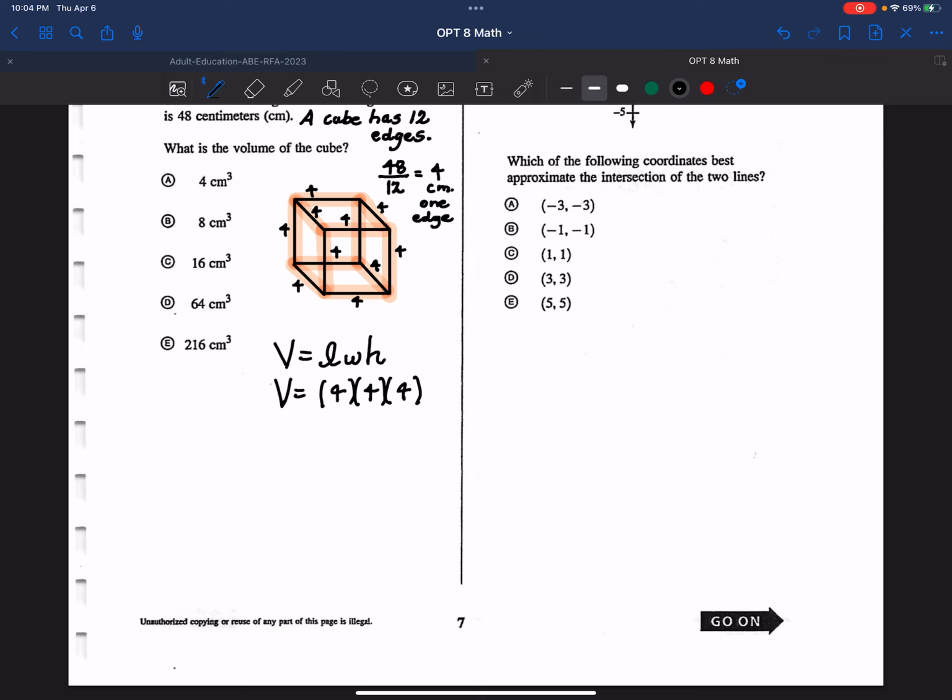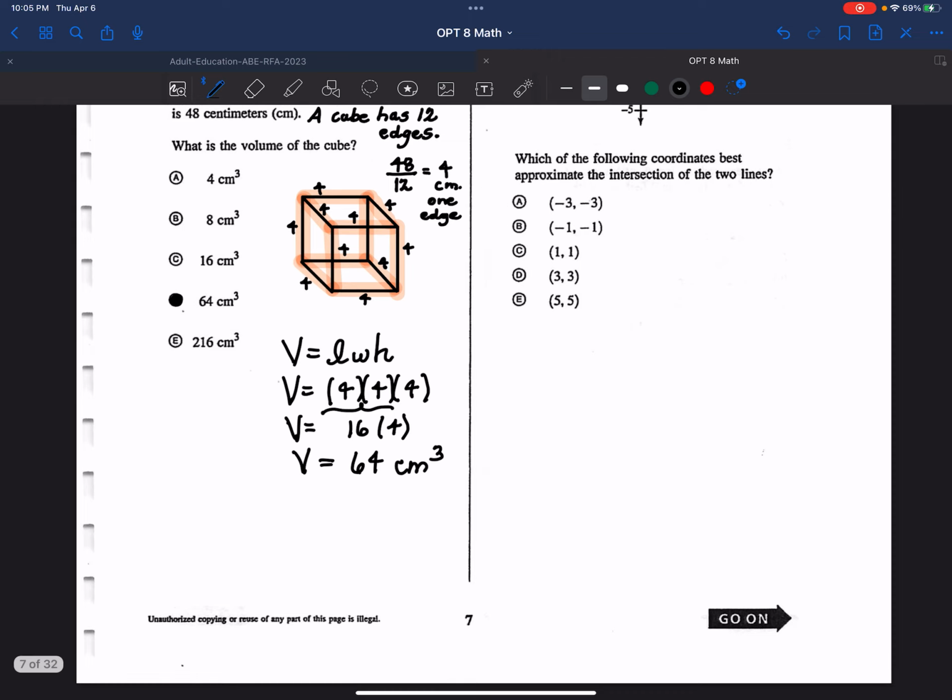Length, width, and height are all the same because it's a cube. So let's do some math here. You can do the calculator or you can do this by hand. 16 times 4 is 64 cubic centimeters.